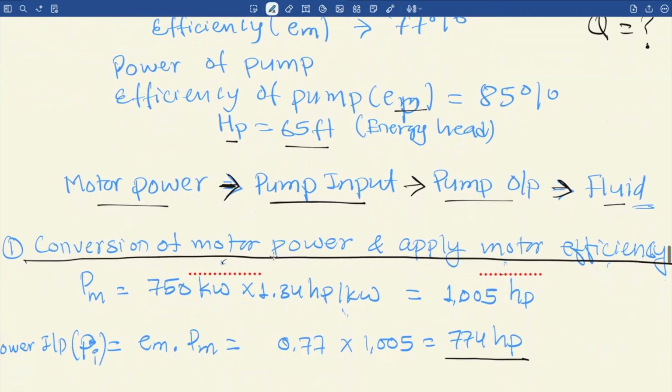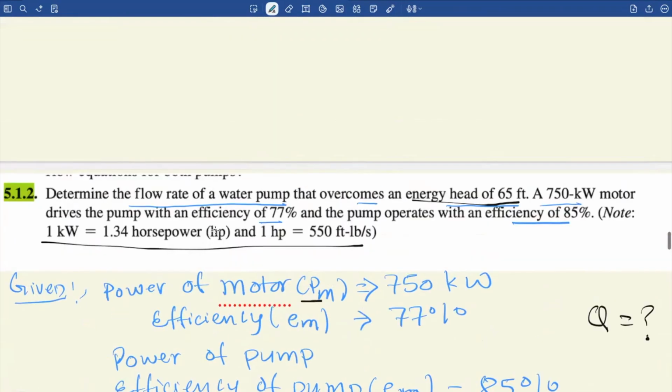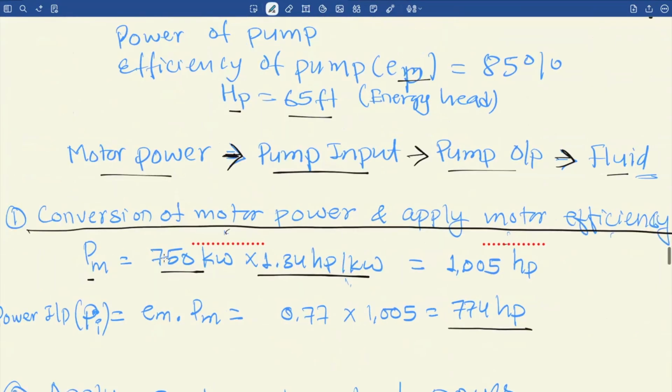So here, the power of motor PM will be equal to 750 times, it's just for unit conversion. Here it is given that 1 kilowatt is equal to 1.34 horsepower, so I just use that to convert into horsepower. And therefore power input will be equal to P input is equal to efficiency of motor times power of motor.